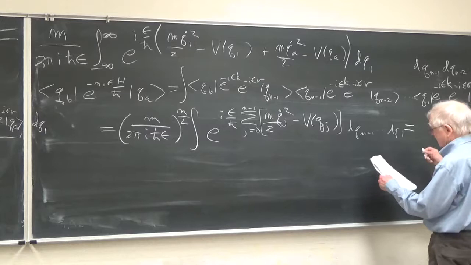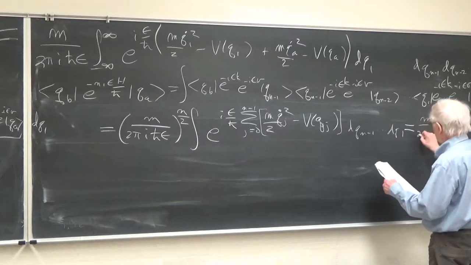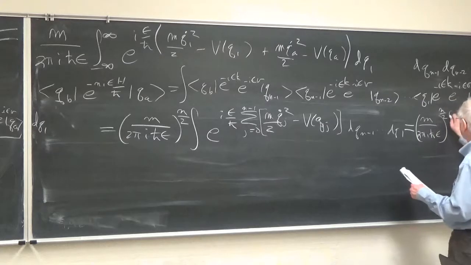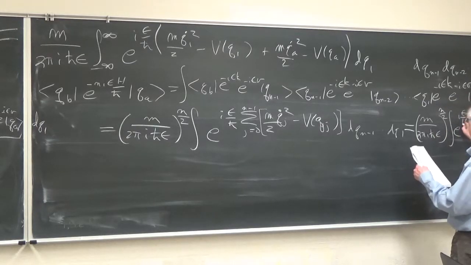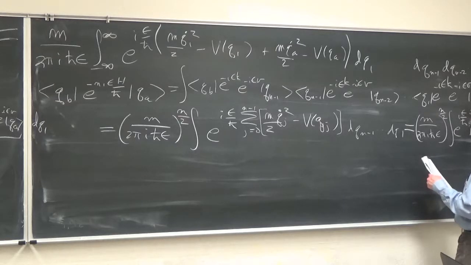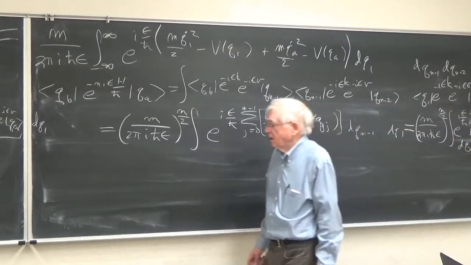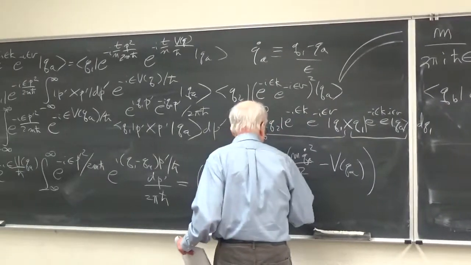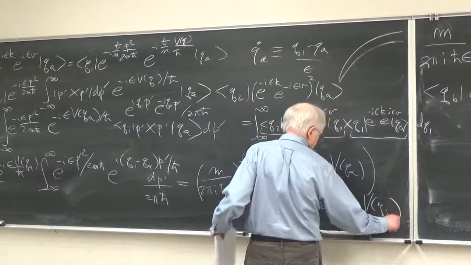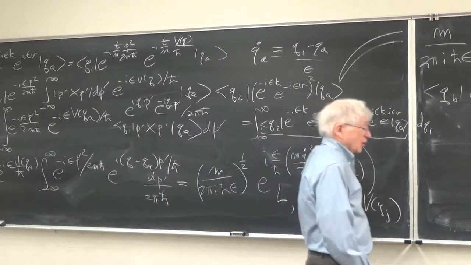And so another way of writing this is (m/2πiħε)^{n/2} times an integral of e^{iε/ħ} times a sum of Lj, j equals 0 to n minus 1, times dq_{n-1} down to dq1, where L sub j is m over 2 qj-dot squared minus V of qj.